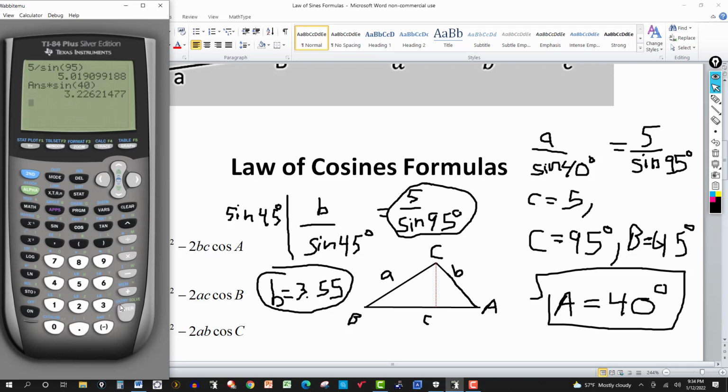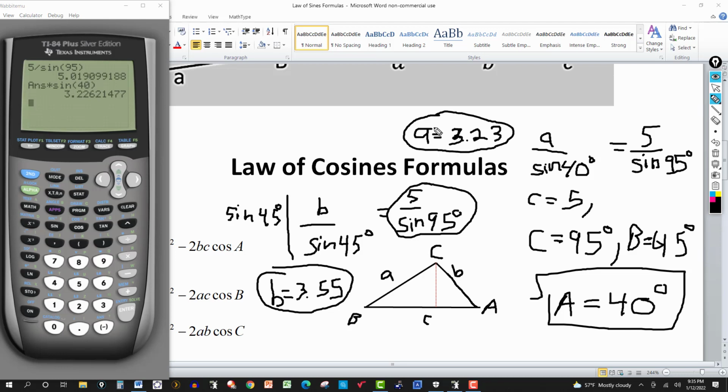Hit enter, and we get side A is equal to 3.226. So to three places, I would simply say that side A is equal to 3.23.